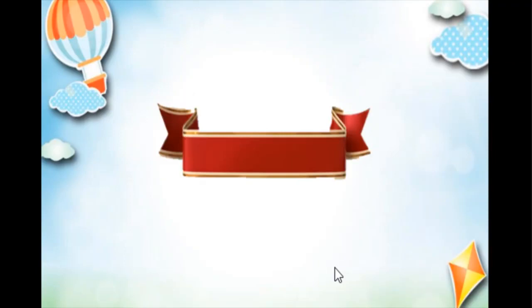Next, how about if you measure this ribbon? Is this ribbon short or long? It's short. So, what unit of measurement are you going to use? Centimeter or meter?